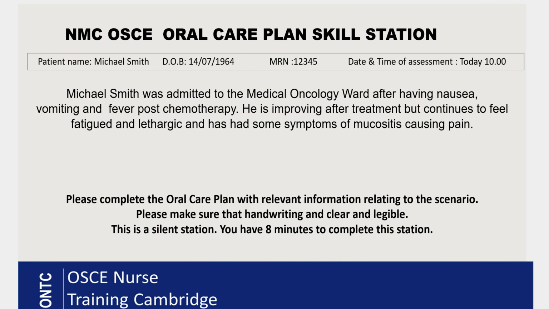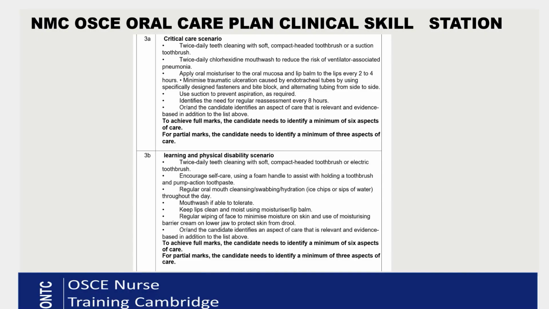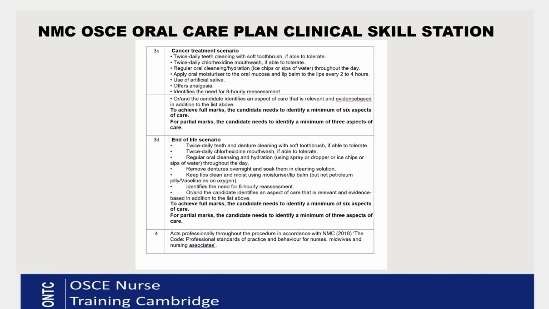Next, let's look at our marking criteria. That is an important thing, because the marking criteria already gives you guidance on how to write an oral healthcare plan for any of the given scenarios. You can see the marking criteria is split into 4 different sections: one for the critical care patient, one for learning and physical disability, one for chemotherapy, and one for end of life.